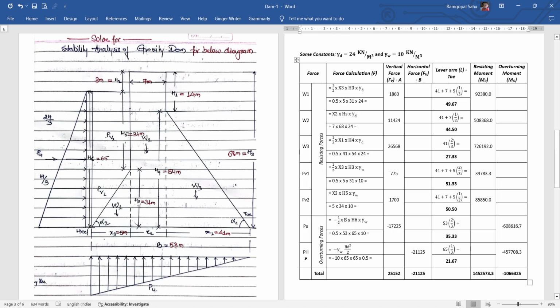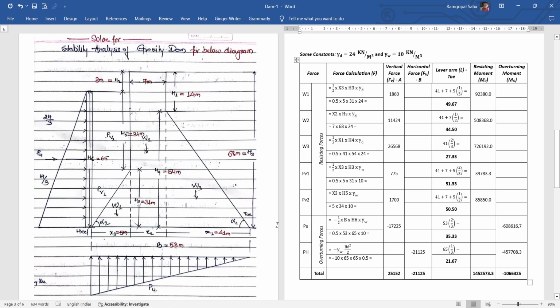And the next one is the PH. It is the horizontal pressure by the headwater, and it is applied generally at a height of h by 3 from the bottom or 2h by 3 from the top. So here we have applied it from here. The formula for headwater pressure is gamma W into h square by 2.